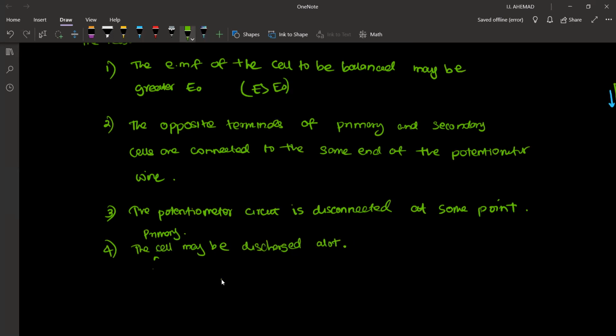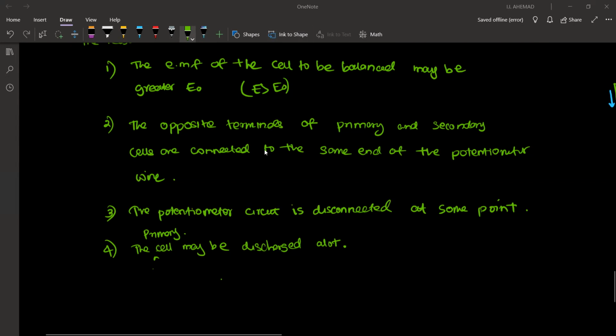Okay, noted up to this. So initially we have mentioned the check we have to make. We have to check whether the galvanometer is deflecting to either side. If it is not deflecting, this may be the reason.